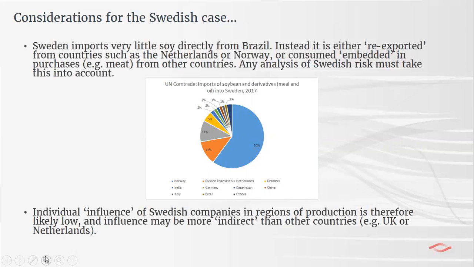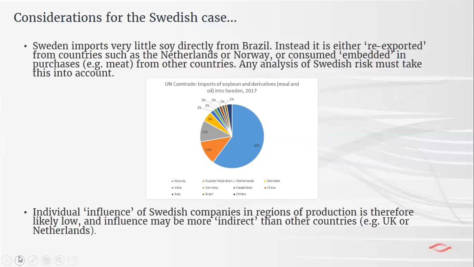But the major constraint that needs bearing in mind there, as mentioned earlier, is the fact that Sweden does not import a lot of soy directly from Brazil. Instead, most of the soy consumed in Sweden is either re-exported from countries like the Netherlands or Norway, or consumed in embedded purchases, for example, as feed going into meat supply chains from other countries like Denmark.